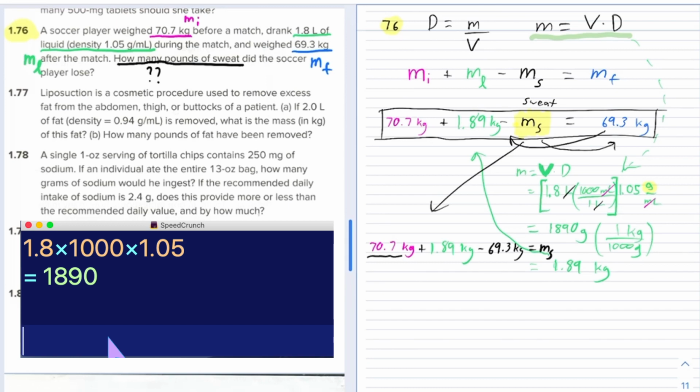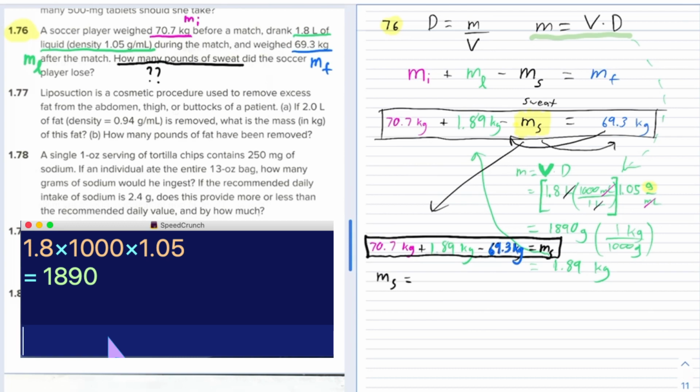Sorry, I kind of overlapped with what I was writing before. So I've just rewritten this up here. I moved that to that side, I moved this to that side, and this is what you're left with. Oh, that's 69.3. That should be in blue, shouldn't it? So let's put that in blue. 69.3 kilograms.